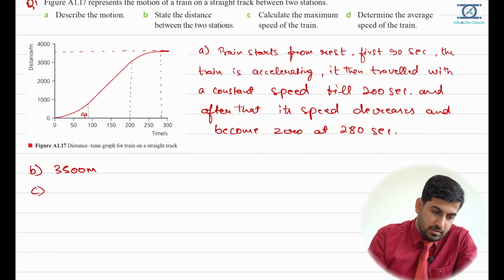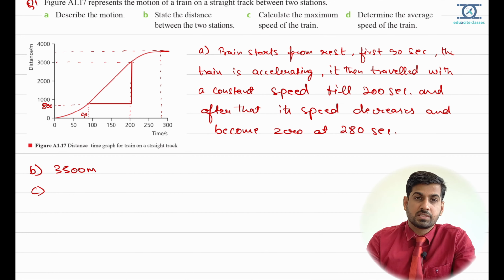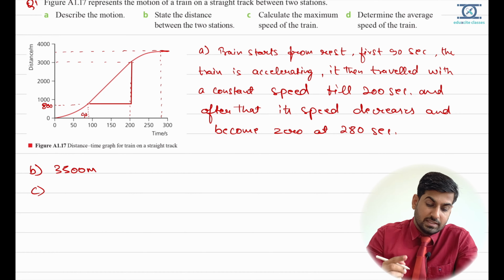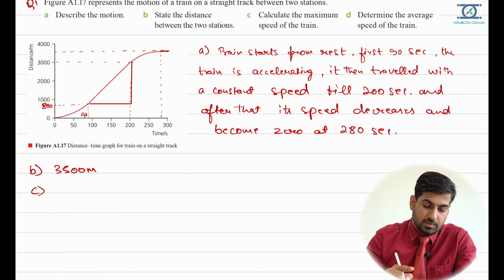At 200 seconds it is around 3000, and at 90 seconds it is around 800. The gradient of a distance versus time graph gives you the speed, and during this time the curve is the steepest, which is why it gives us the maximum speed.